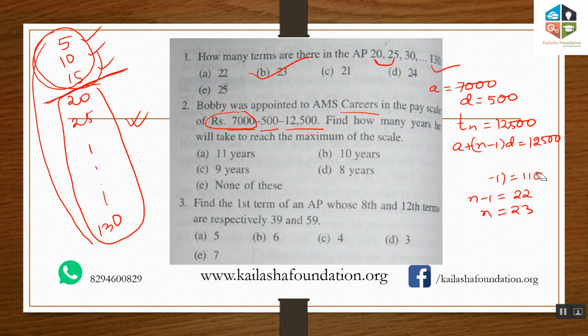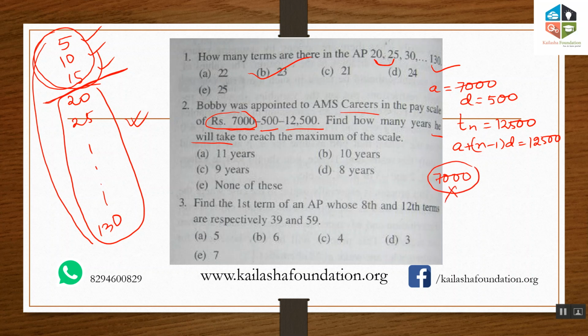Now we will solve it like this. We can count it on fingers also. How many years will he take? There is some difference in this question, because 7,000 is the initial pay. This one will not be counted.